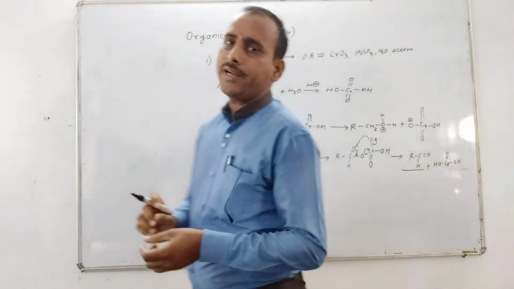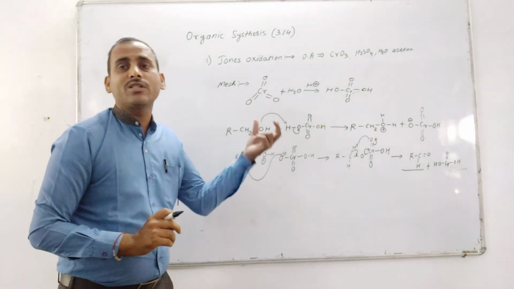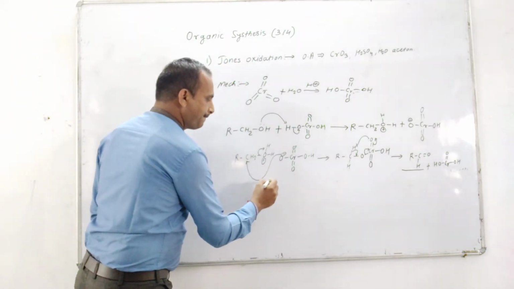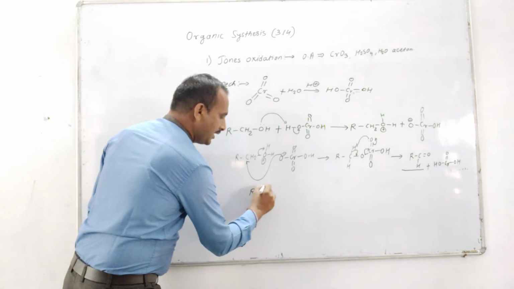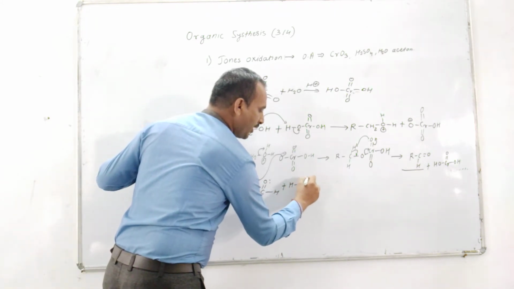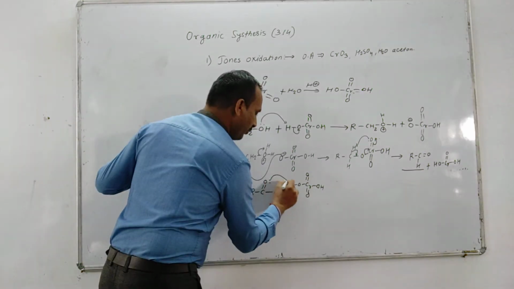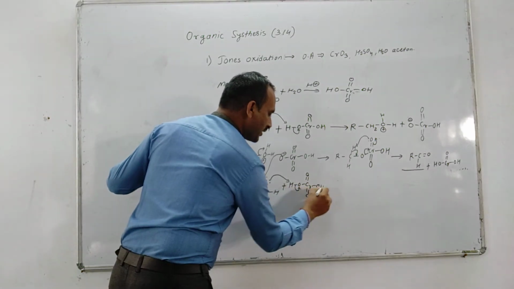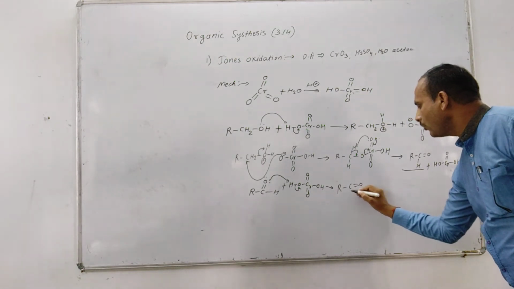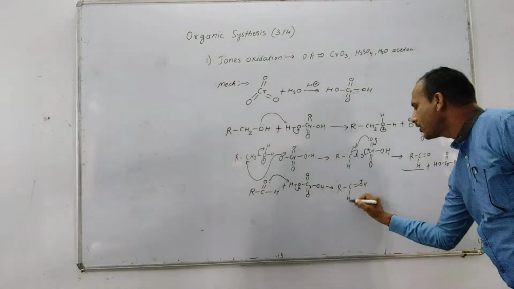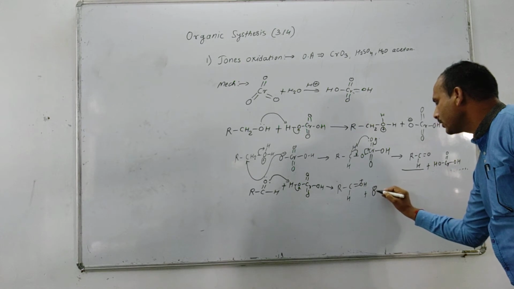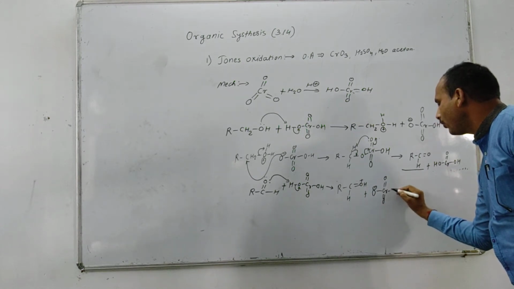And again this aldehyde, the lone pair from the oxygen takes the proton from the chromic acid OH, and we get the protonated aldehyde plus O minus Cr double bond O OH.